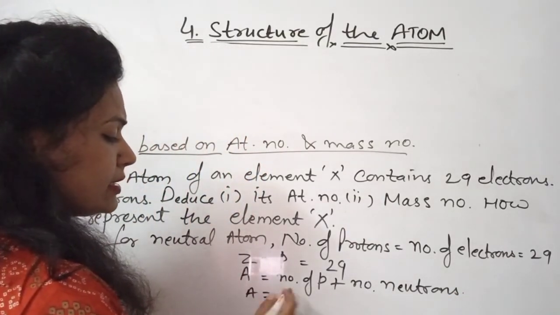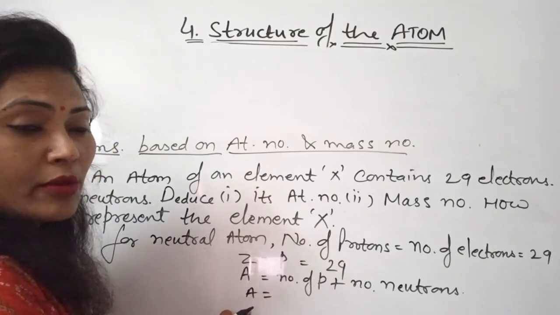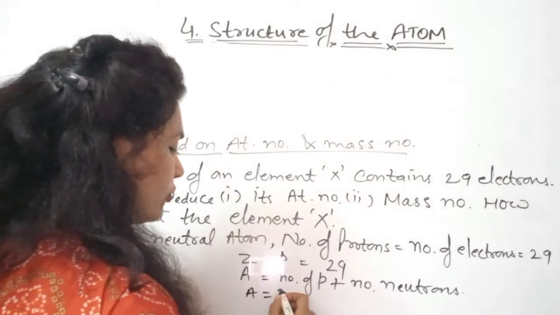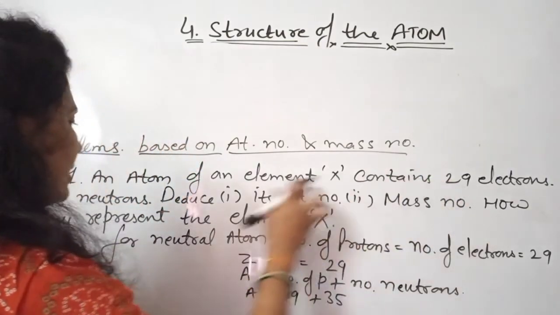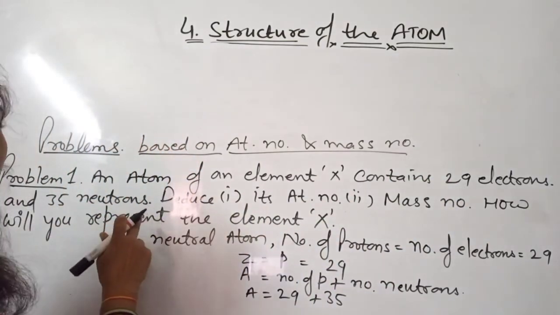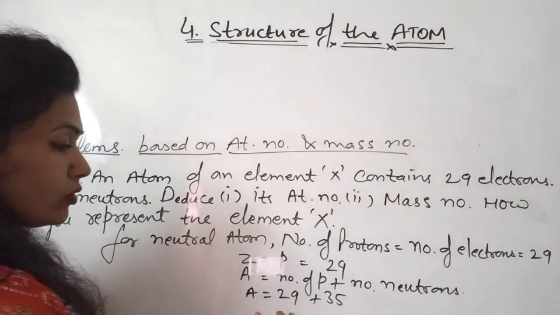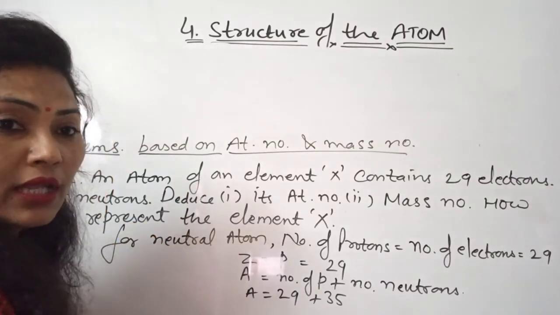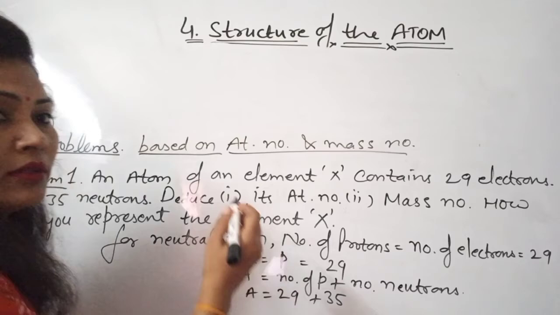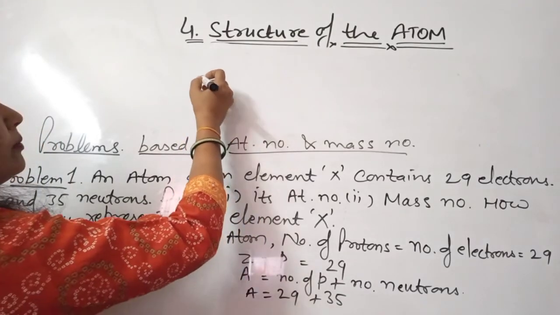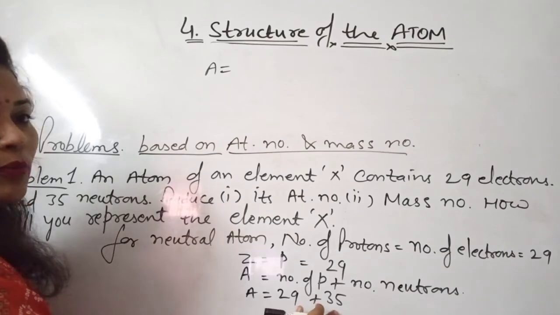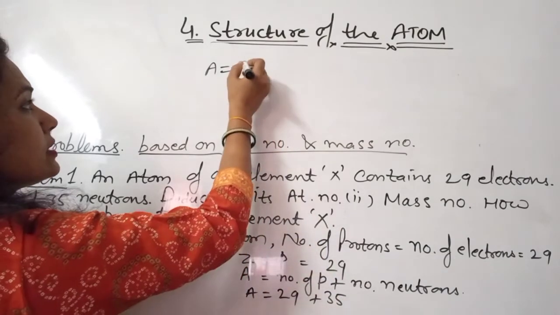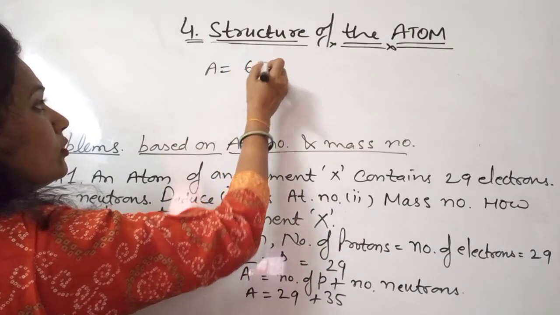A means mass number. Mass number equals 29 plus 35. 35 neutrons are present in it. So we get the mass number A equals 29 plus 35, which is 64.